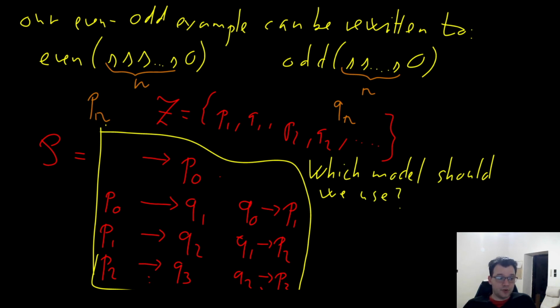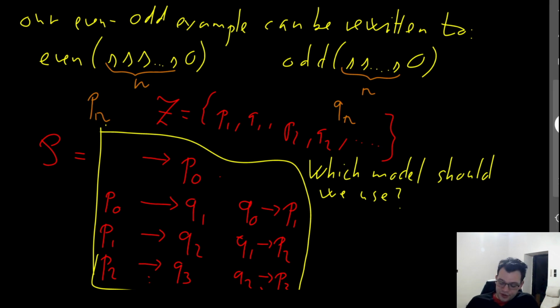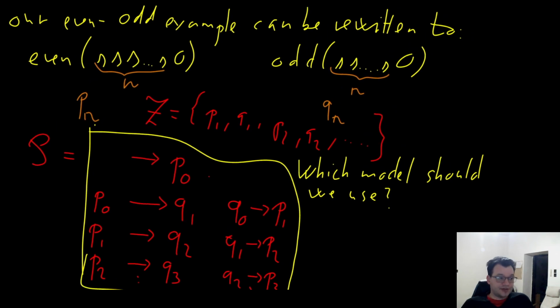Okay, that's a good question. Let's try to construct, let's try to derive some facts regarding these clauses. So in a model, all of these implications should be satisfied, which means that if the left-hand side is true, then the right-hand side is true as well.